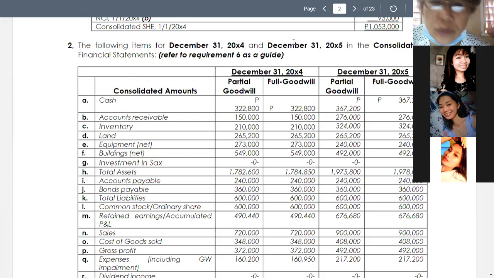1,779,000. You try adding the individual figures and you must get 1,779,000. If you get the difference, it's really 3,600, which is the total in the solution of Mr. Dayag. So, what you will be doing, simply, you have to follow our total assets.